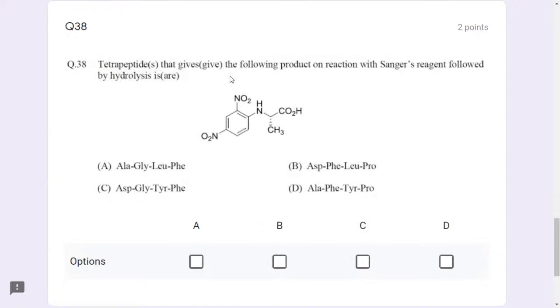Tetrapeptides that give the following product on reaction with Sanger's reagent followed by hydrolysis is R. So Sanger's reagent, what is Sanger's reagent? This is 2,4 dinitrofluorobenzene. Here fluorine will be here.